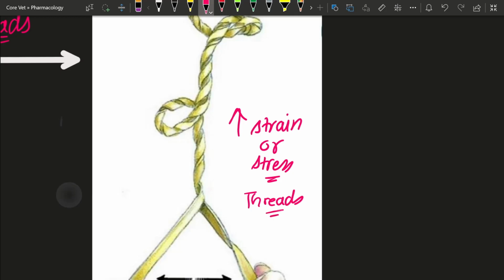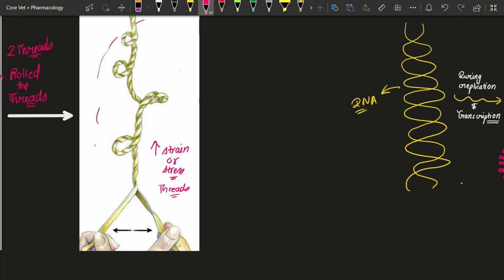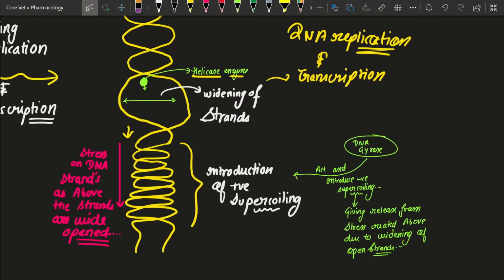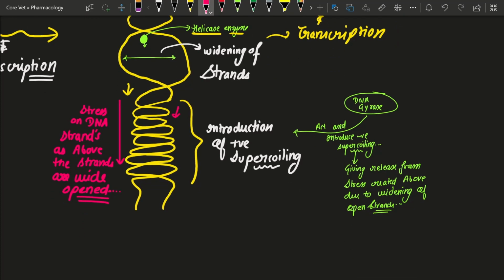Whenever you open up the threads, that is how the strain appears in the strands. In a similar fashion, when the helicase opens up or unwinds the structure of the DNA, it creates stress below, creating tension in the DNA strand, which may lead to a breakage in the DNA strand.